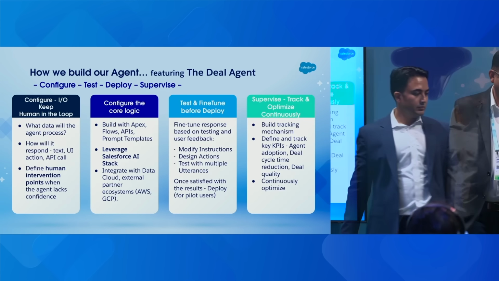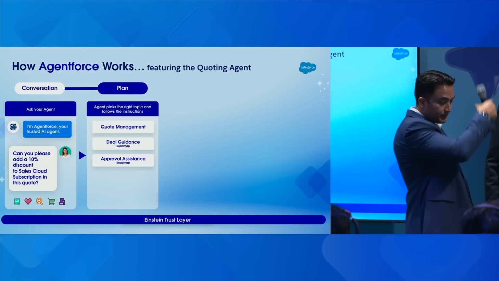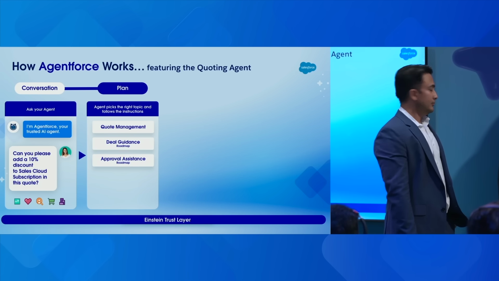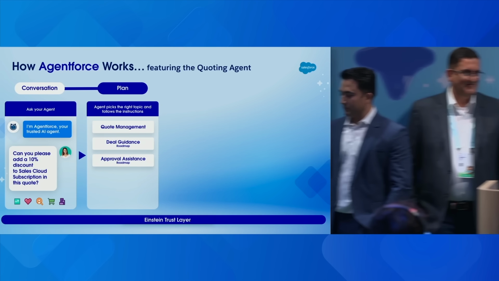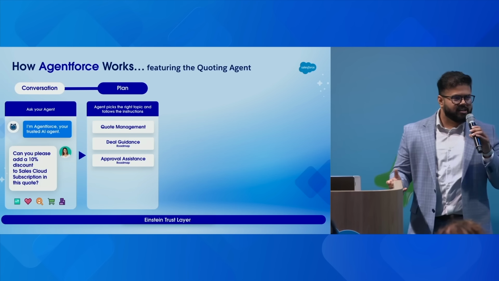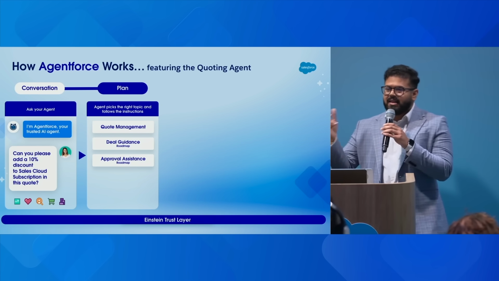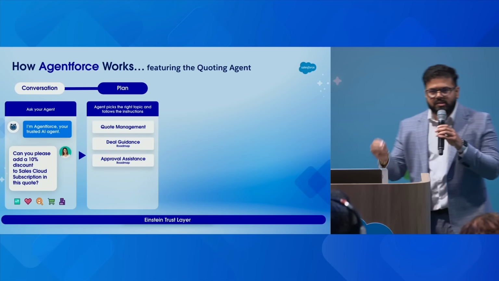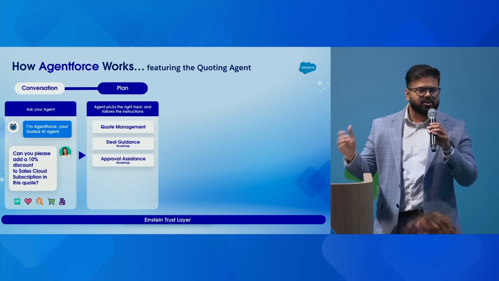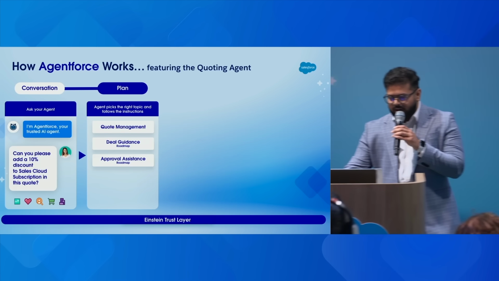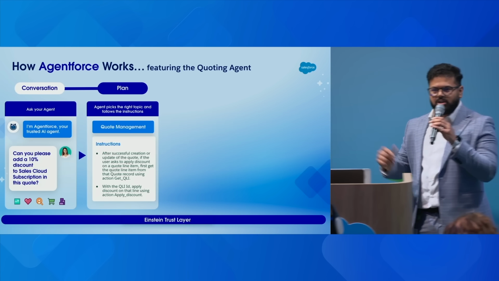Thank you, Shubhra. So let's talk about how Agentforce works behind the scenes and what the process flow is like for the quoting agent. Let's say I want to add a 10% discount on one of the quote lines on the quote, and I'm talking to the agent. I send that message to the agent, and the first thing it needs to do is identify the right topic. Once it has the right topic, it needs to read through the instructions.